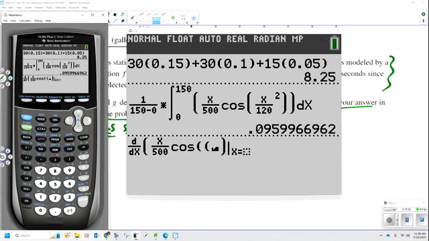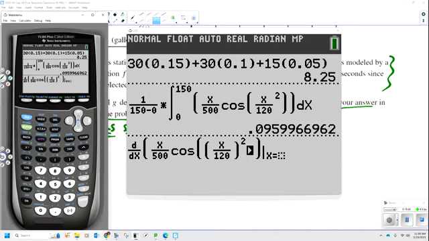I'm going to do another parenthesis because this fraction in here also needs to be squared. So it's x over 120, pop that and square it, dx. At what value of x do I want to take the derivative?